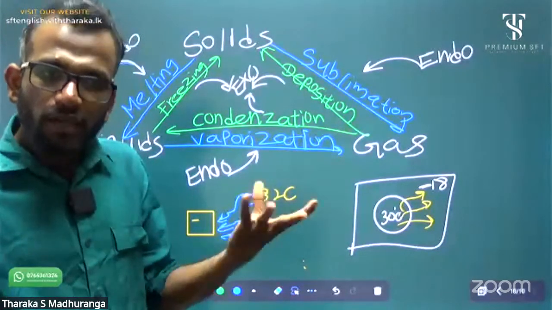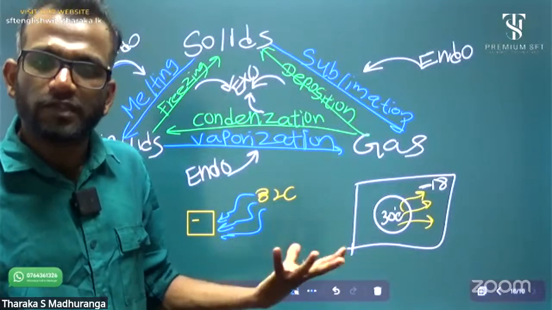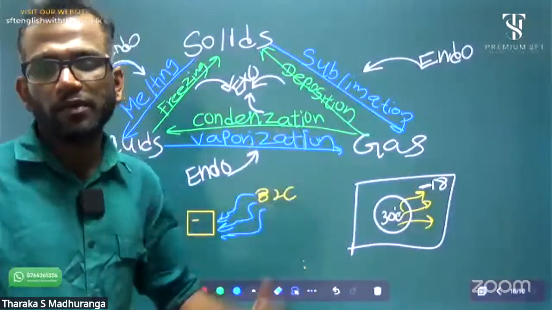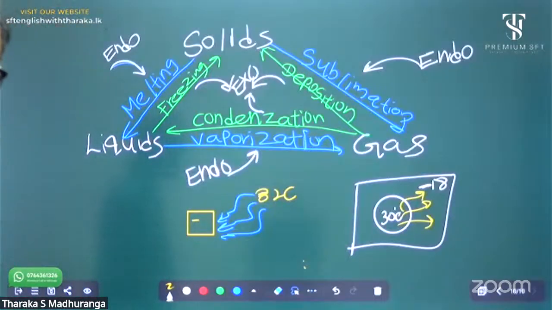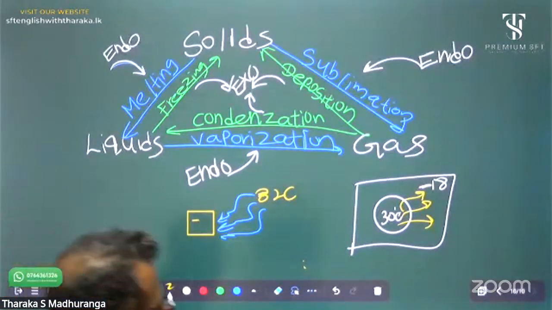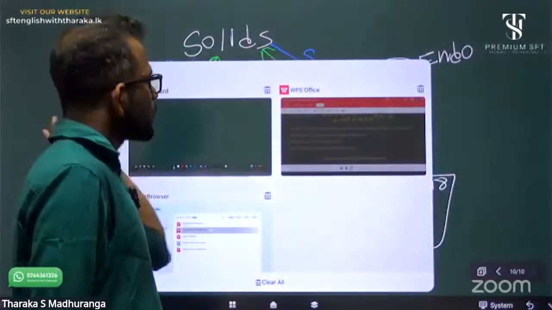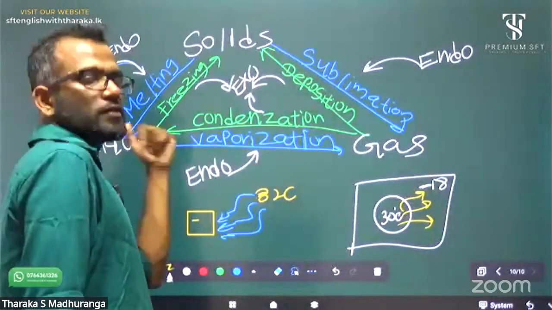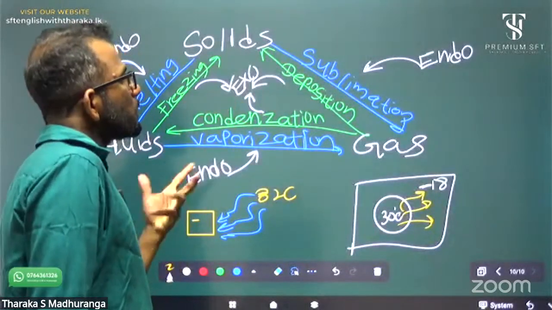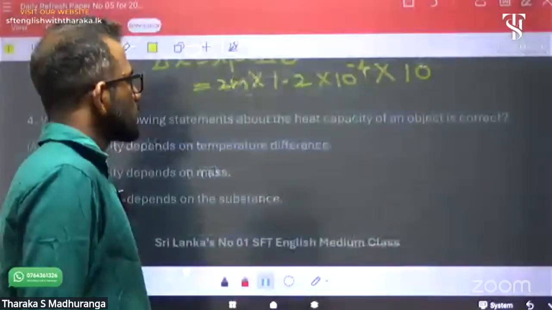Therefore, heat is released to the freezer, from the water to the freezer, not from the freezer to the water. Very simple things. This is a short method. Remember this triangle and you can get all the ideas.